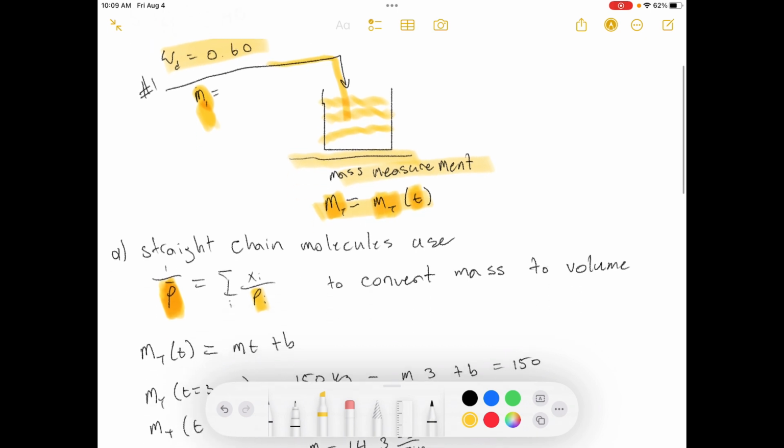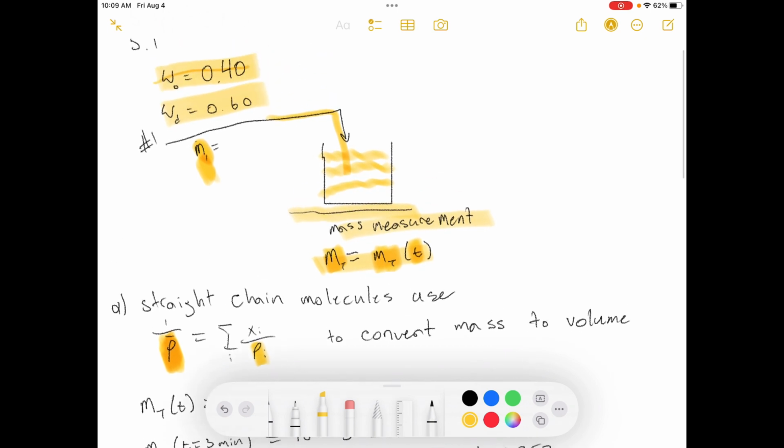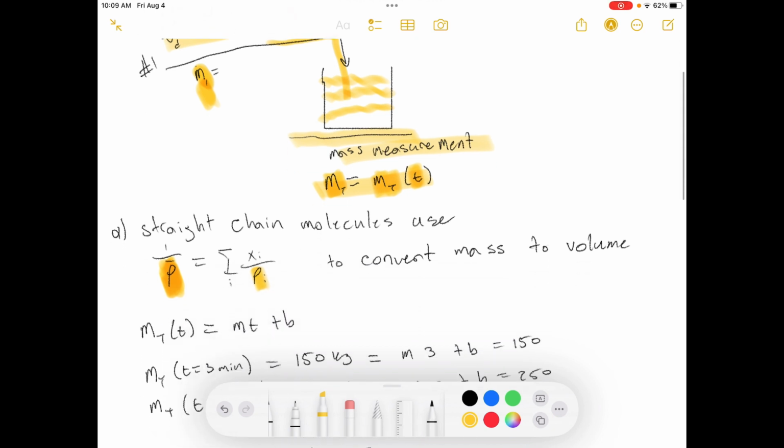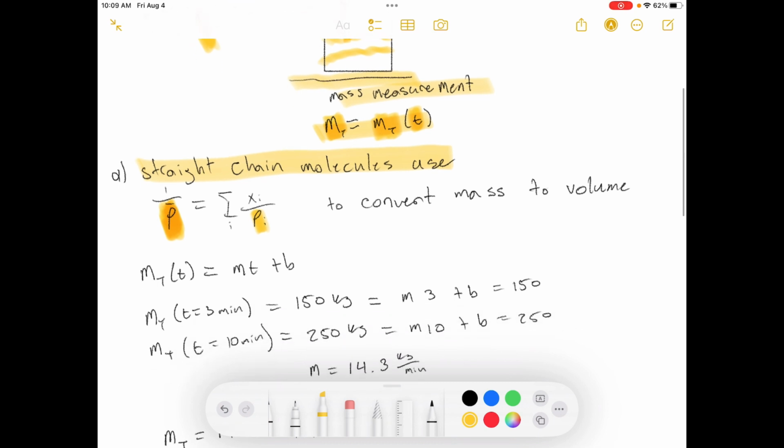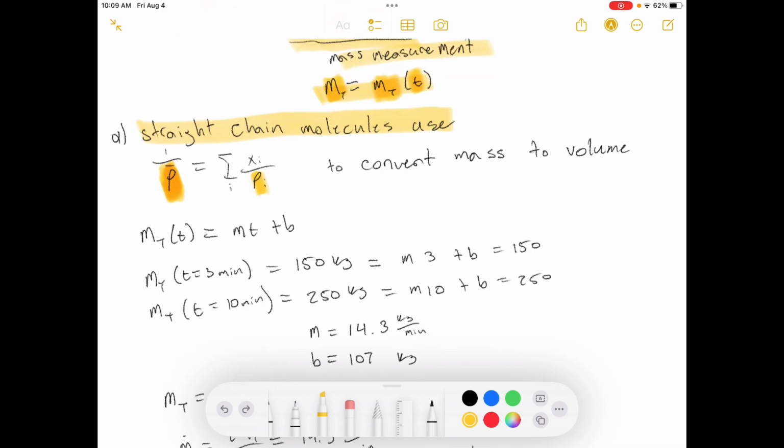In this case, octane and decane are both straight chain organic molecules. They're nearly identical, and so they behave very similarly. So we're going to use this equation to estimate the density of the solution.